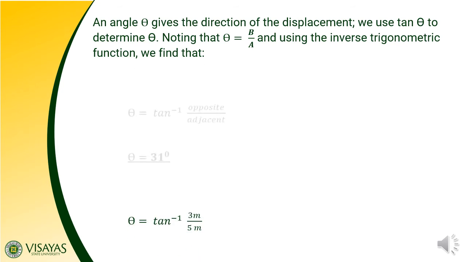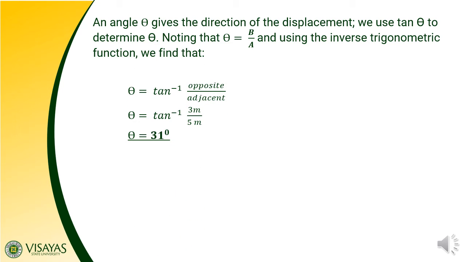We do have the value for displacement, which is equal to 6 meters, but this 6 meters is only the magnitude. We don't have the direction yet, so we will be solving for the direction. An angle theta gives the direction of the displacement.